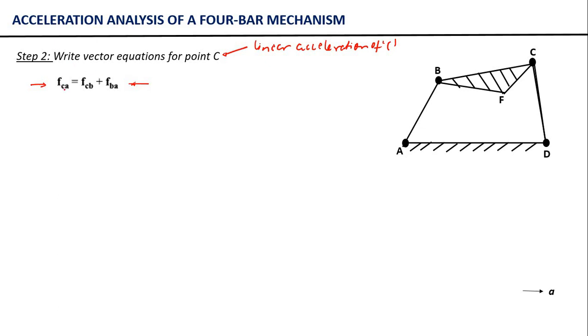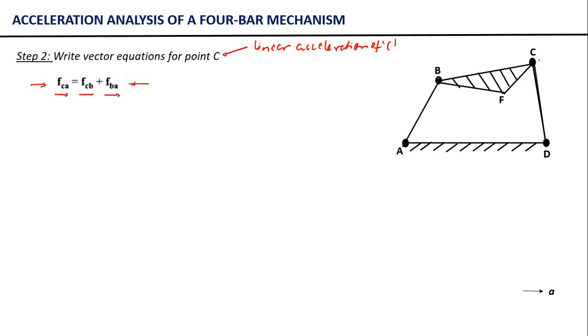It will be given as FCA vector, that is acceleration of C relative to A, is equal to FCB, that is acceleration of C relative to B, plus acceleration of B relative to A. So FCA vector is equal to FCB vector plus FBA vector.